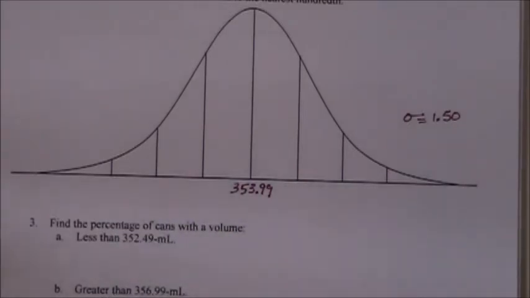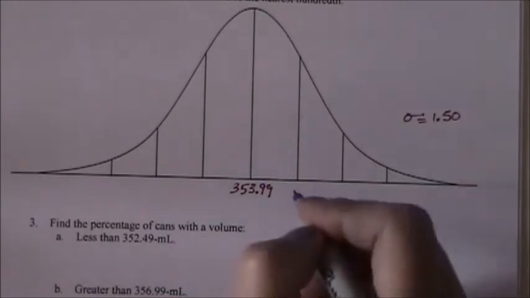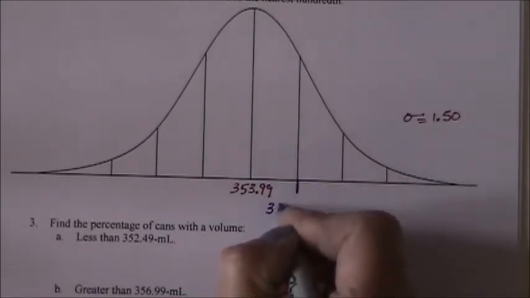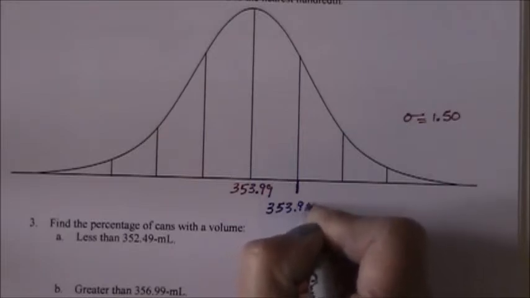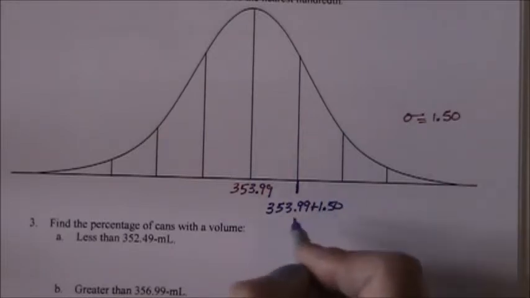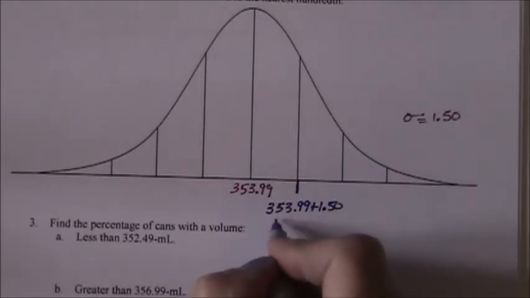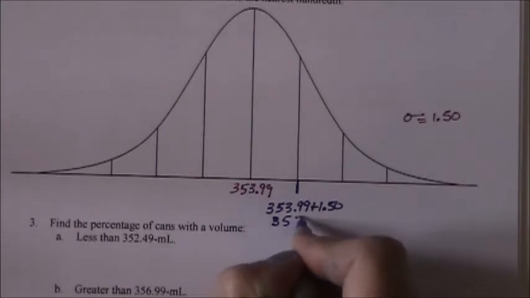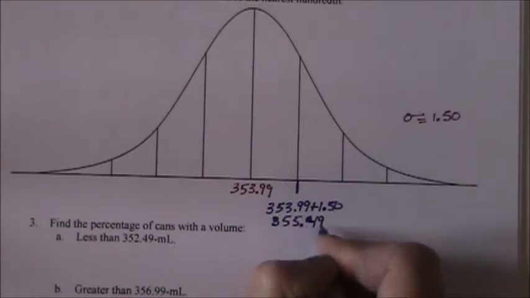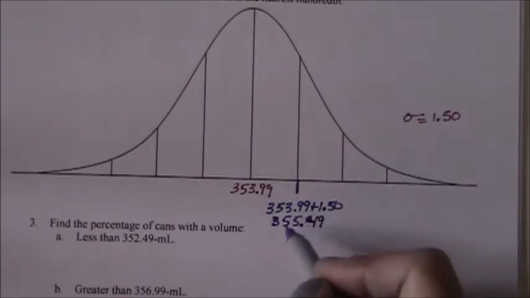So if we look at the next line, this line right here would be 353.99 plus 1.50. And when we do that, we get 355.49. Okay, so 355.49.